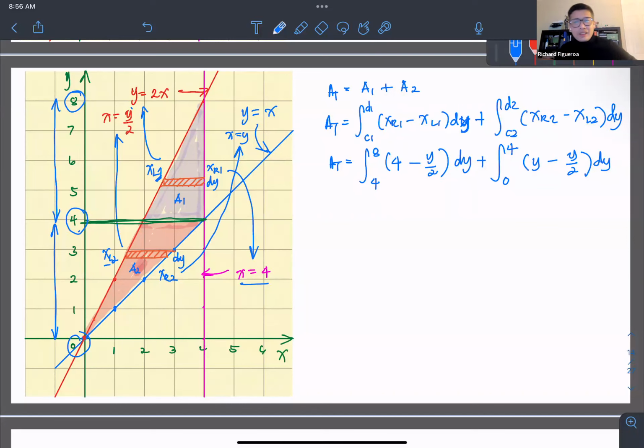So yung pagsusupply ng mga parameters, so that's the one that we really need to understand. Okay? Kasi sometimes, kahit alam mong mag-integrate, pag mali yung ginawa mong strip, pag mali yung boundary mo, it follows.